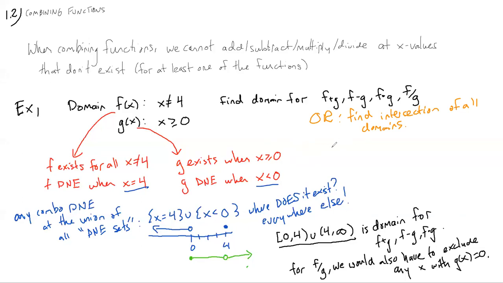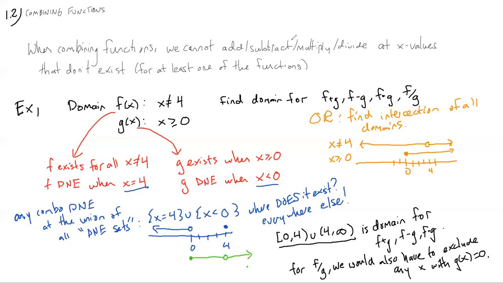So if I do x is not 4, I'm going to write my number line again, kind of lazily here. x is not 4 is going to be everything up to 4, skipping 4 and then continuing. And x is greater than or equal to 0, so I'm going to do a closed dot at 0 and then my line like that.